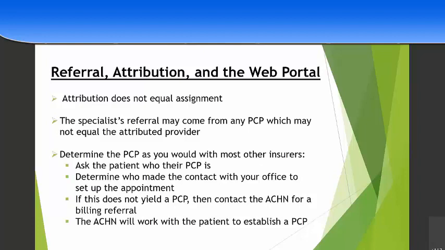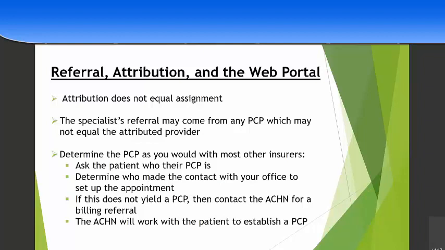Again, attribution does not equal assignment. The specialist referral can come from any PCP, which may not equal the attributed provider. That means when you look on the web portal, you may not see that PCP.